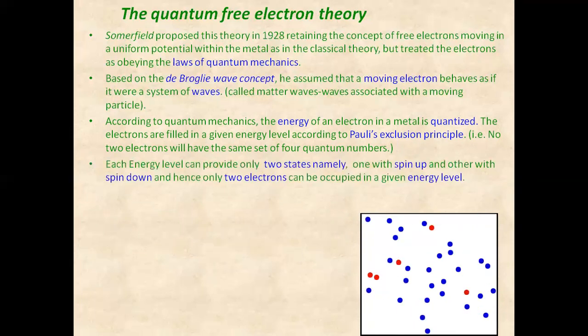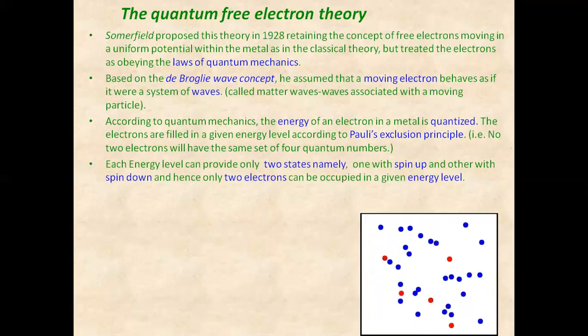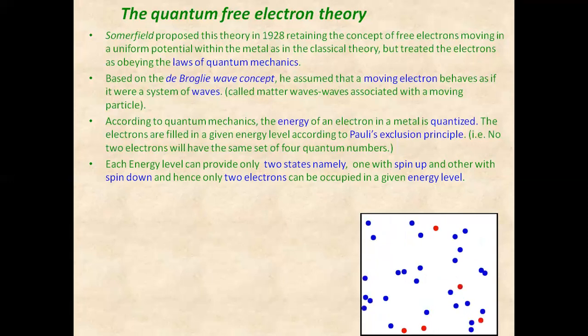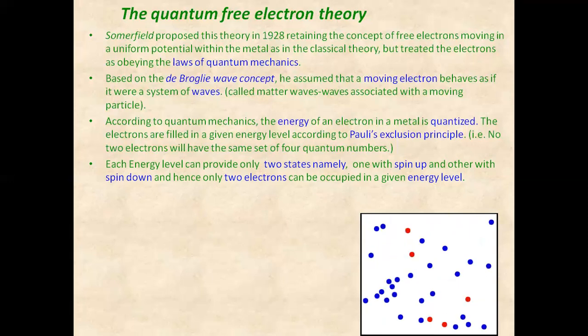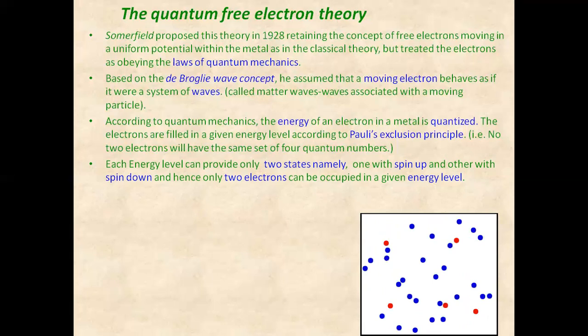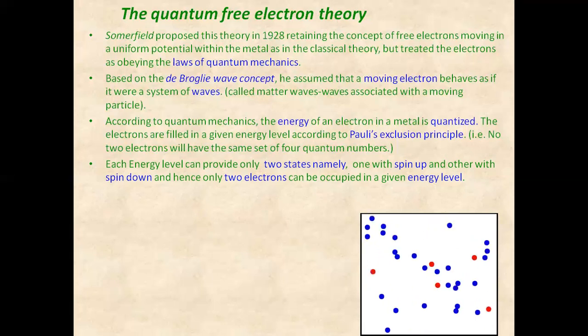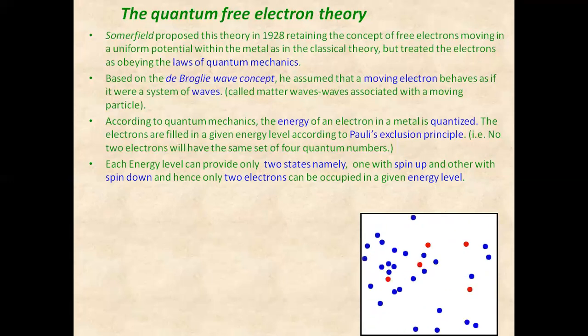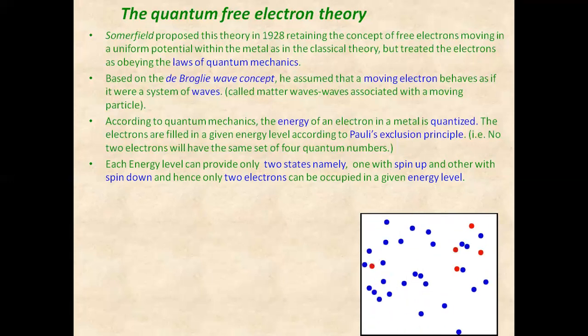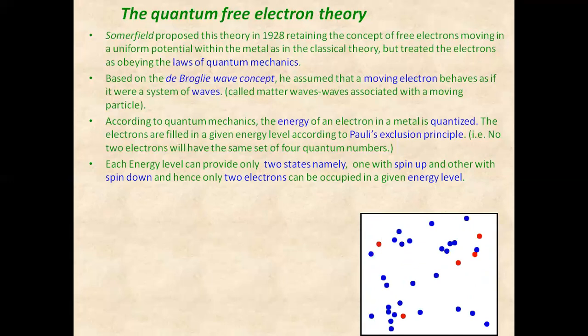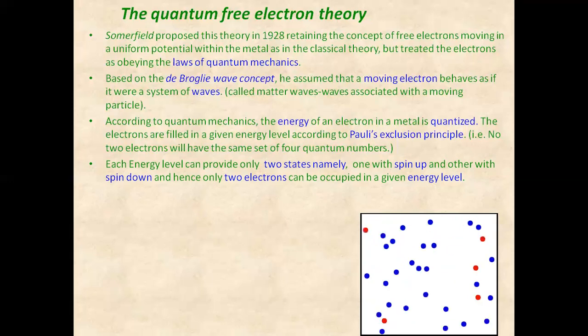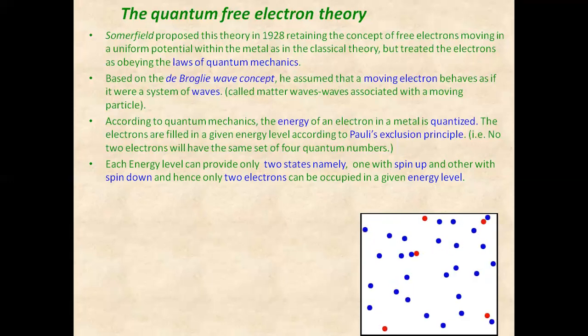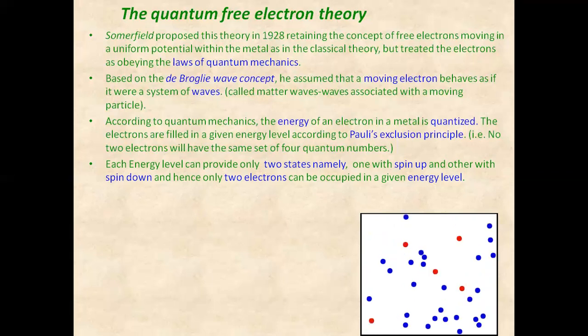That is, each energy state is filled with two electrons, if and only if the magnitude is the same but the direction is different. That is, the spin of the electrons is not the same. Each energy level can provide only two states, one with spin up and the other with spin down, and hence only two electrons can occupy a given energy level.